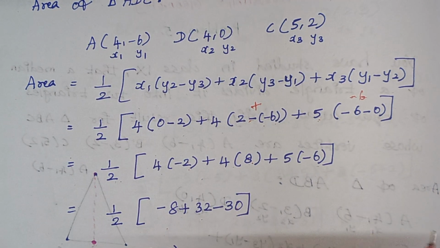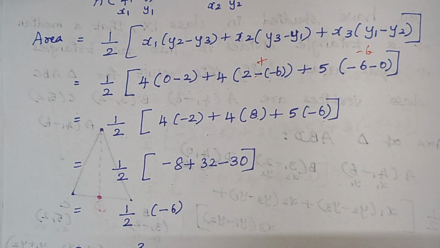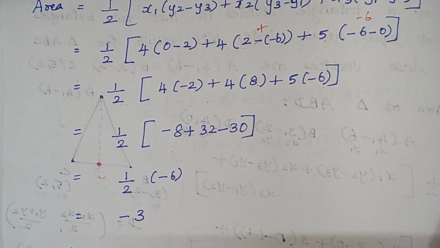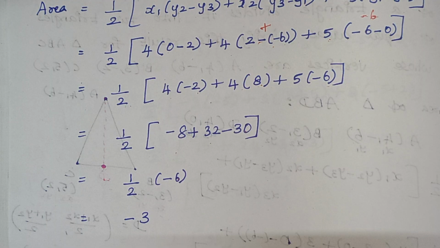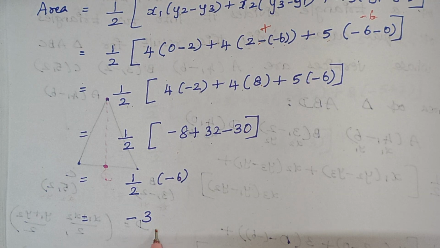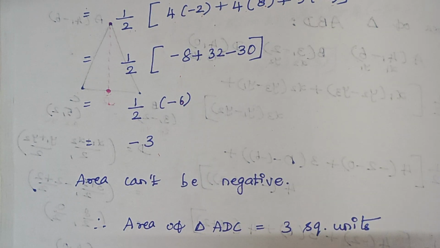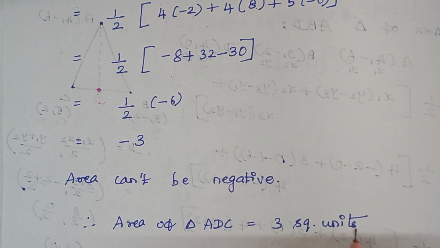Once you simplify, again you get the answer as minus 6 by 2, which is minus 3 again. Since it is impossible for an area to be negative, we are neglecting the negative sign, and finally area of triangle ADC is 3 square units.